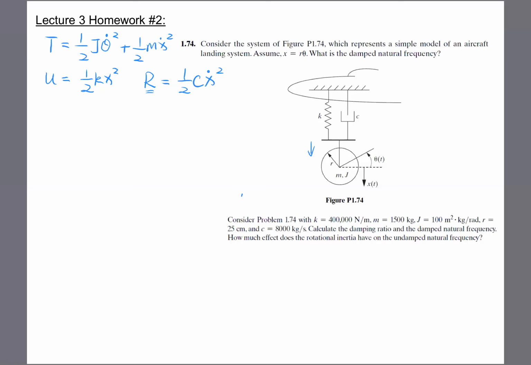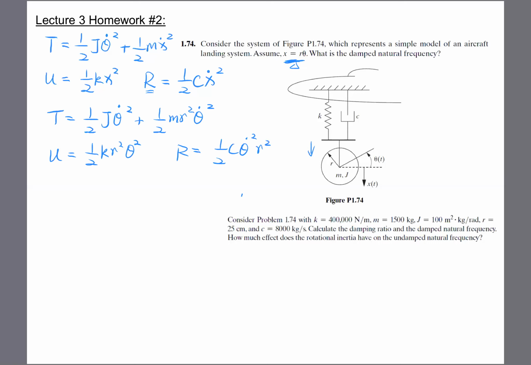In this case, the relationship between x and theta is already given, so we don't have to worry about it. x can be replaced by theta R. So your kinetic energy is half J theta dot squared plus half M R squared theta dot squared. Your U is half k R squared theta squared. Your R is half c theta dot squared R squared.